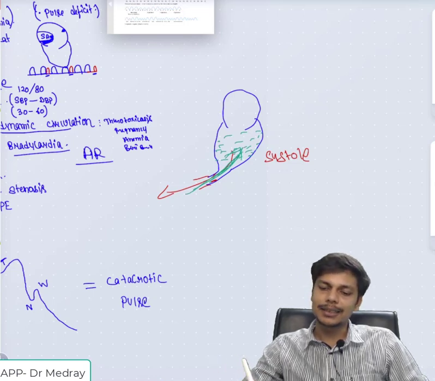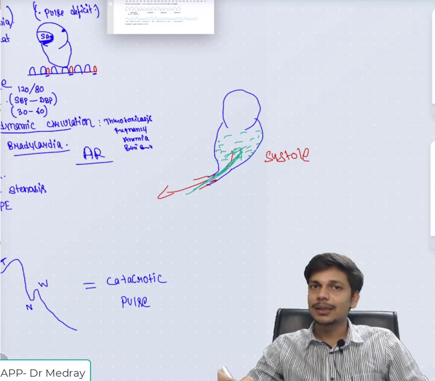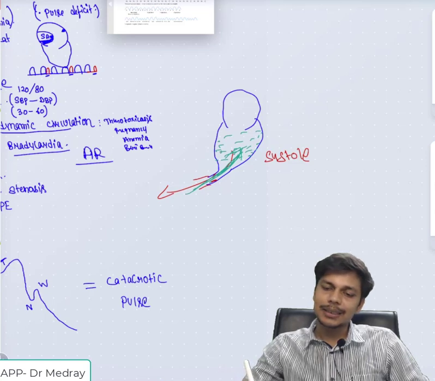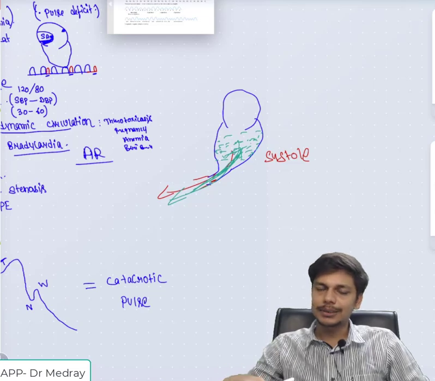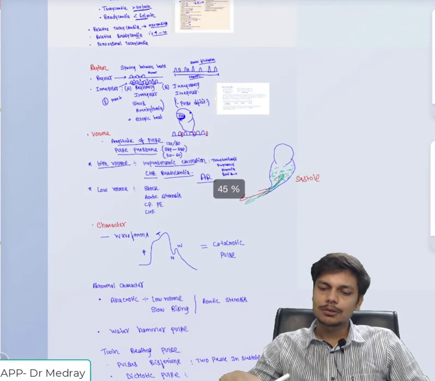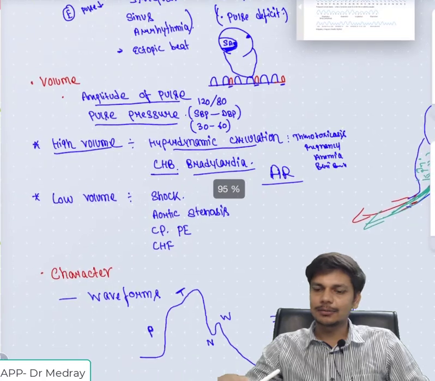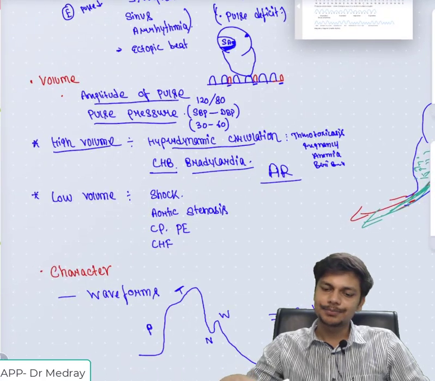Normally the aortic valve should be closed after the systole, but it is not closed, and in diastole it is open, so some blood is reaching back in the ventricle, that is aortic regurgitation. So there is extra blood in the left ventricle. During the next systole, this extra blood will be pumped out, which will produce a high volume pulse. So the patient of aortic regurgitation will have a high volume pulse.